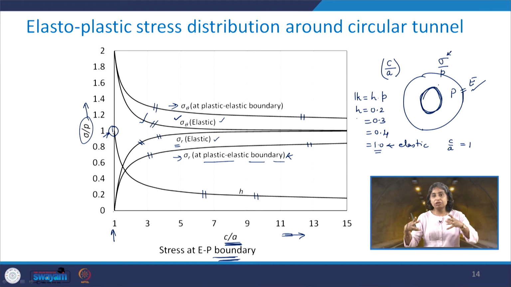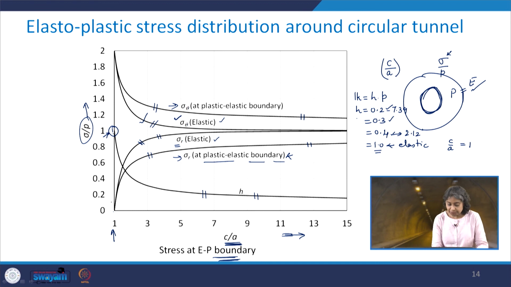This means that both coincide. But then we have seen that when H equals 0.2, 0.3 and 0.4, if you just recollect, for this we had maybe something like 7.39, and for this I think we had 2.12. So, you see that if you take H to be equal to 0.2, the value here works out to be 7.4.